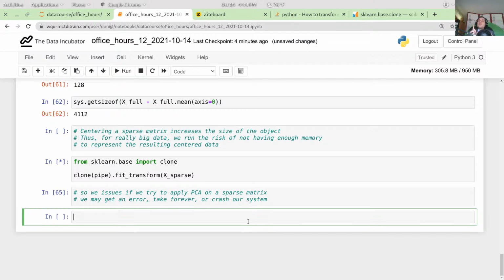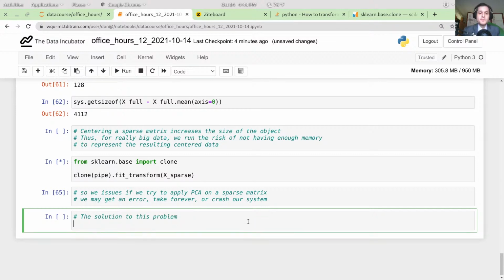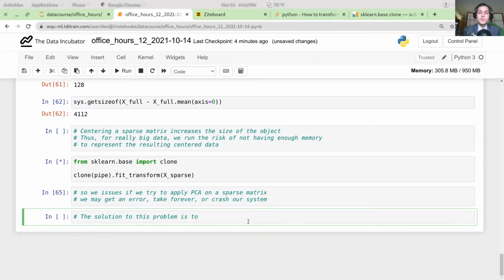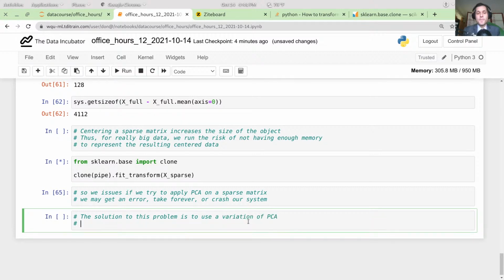So the solution to this problem is to use a variation of PCA, one in which we don't center the data prior to applying SVD.